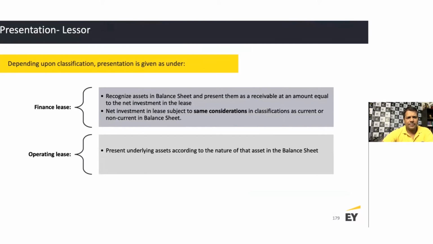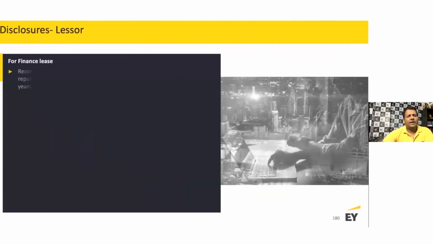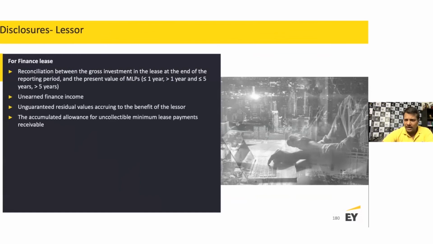That in a way gets disclosed, that some of these assets are being leased to others, right? So I need to disclose that. Then for finance lease, I also need to make a disclosure of the gross investment and the present value of the MLP. I need to make that disclosure, whatever my unearned finance income, unguaranteed. So tons of disclosures.